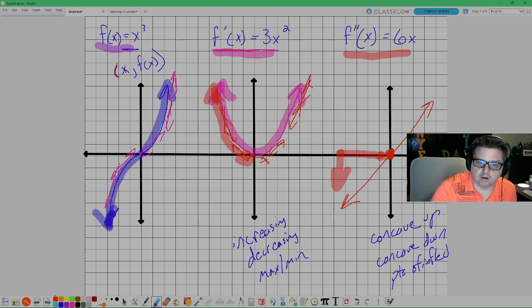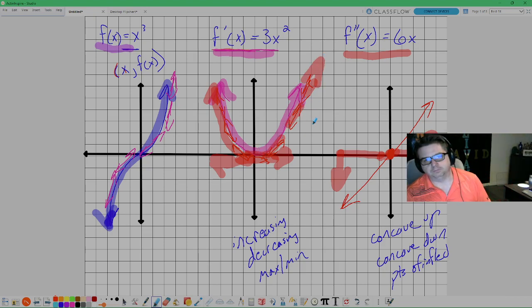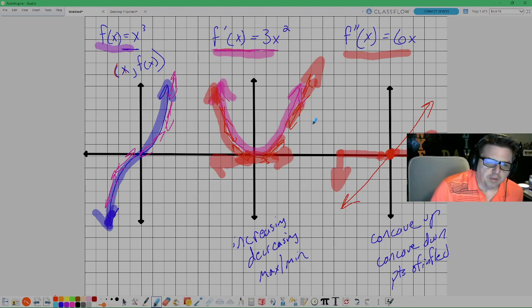And then we hit 0, and there's a 0 slope right here. And then we start increasing. And all of these slopes are positive. So even though we're on a different graph, it can still give us explanations about the second derivative and about the original function.